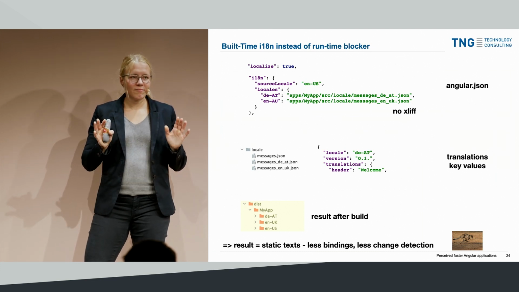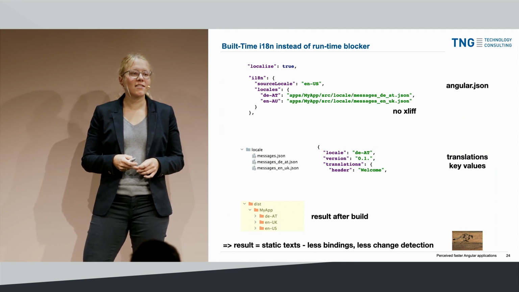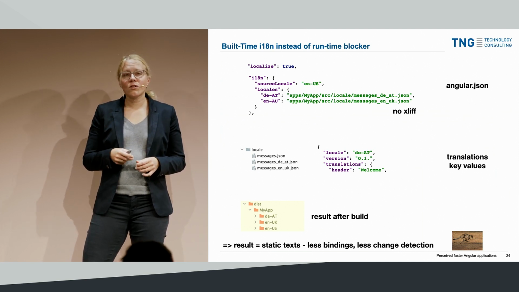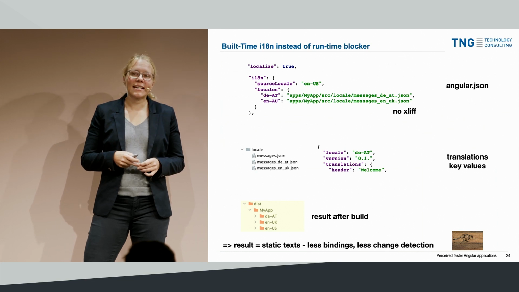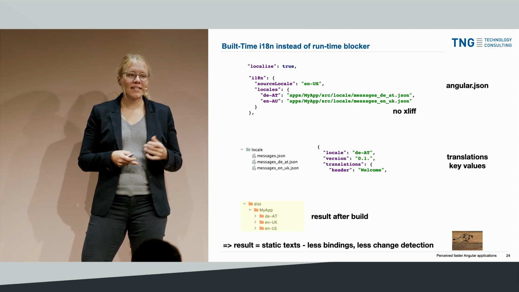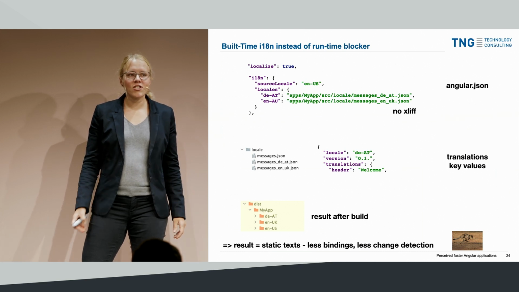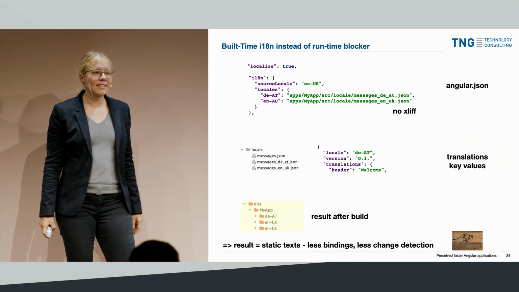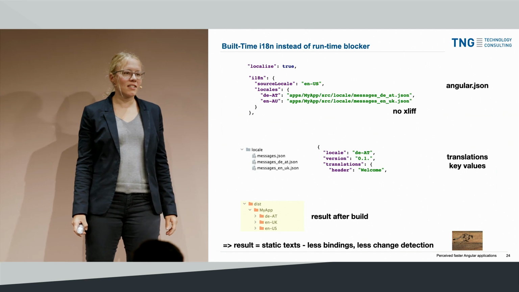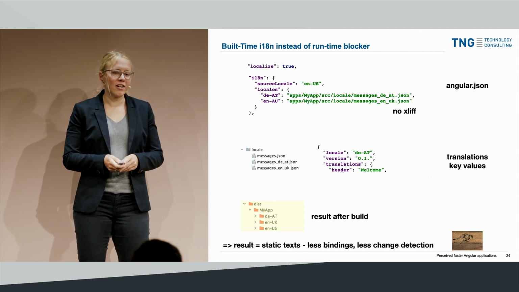Then I have bundles with hard-coded texts in the respective locale. And this is not only helping us against this blocking concept of loading some localization files, it's also making the page faster because there are no more translation bindings in our template. There's no need to run change detection for any texts. It's fixed and it's fast.